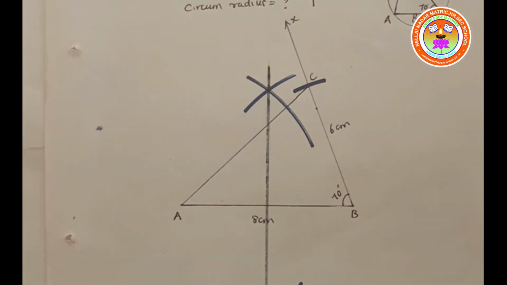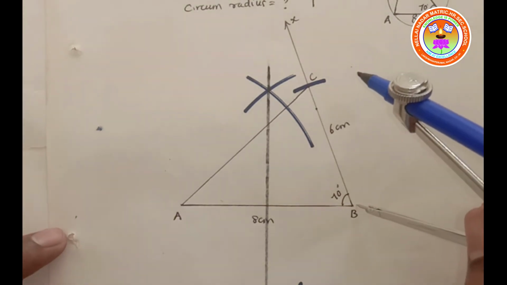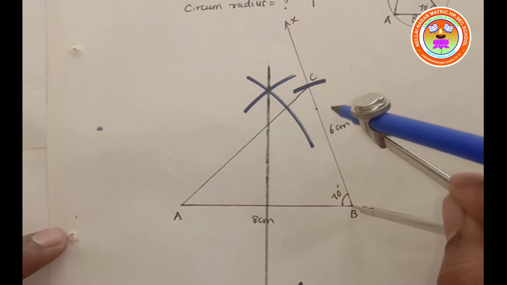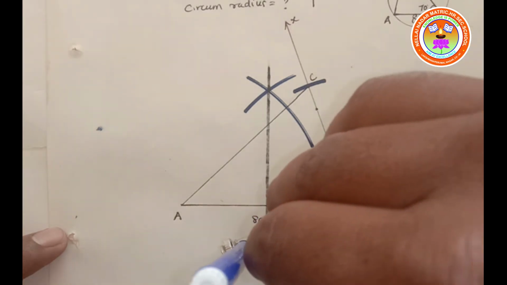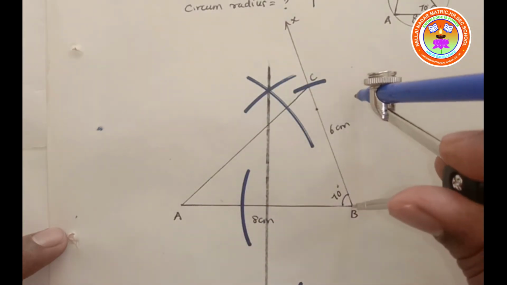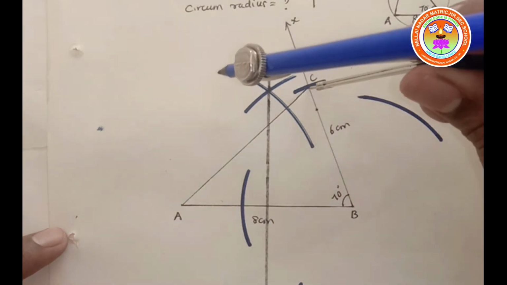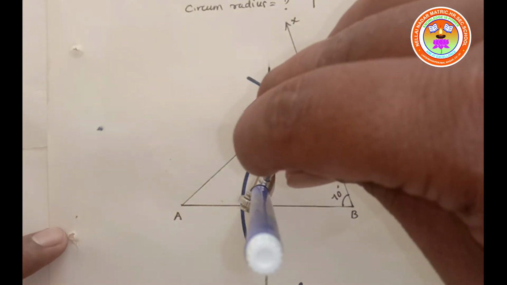Clear, children? Again same way for the line BC, you are going to draw a perpendicular bisector. Again from C with same radius.